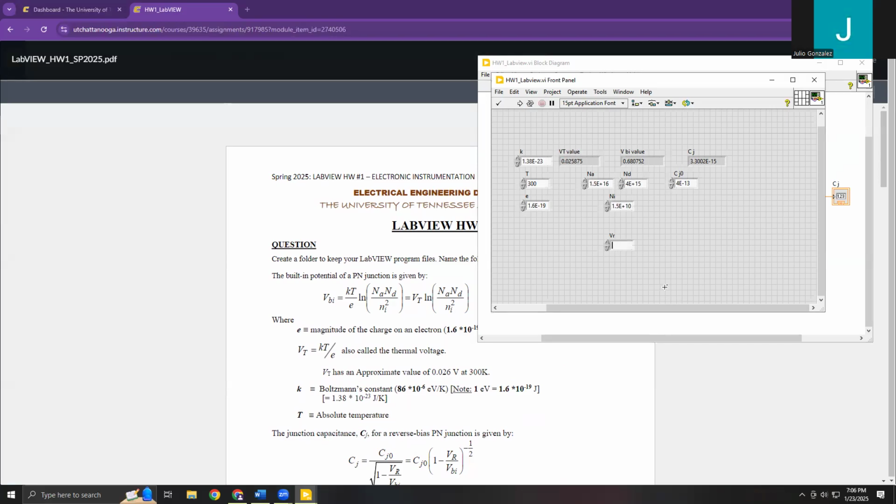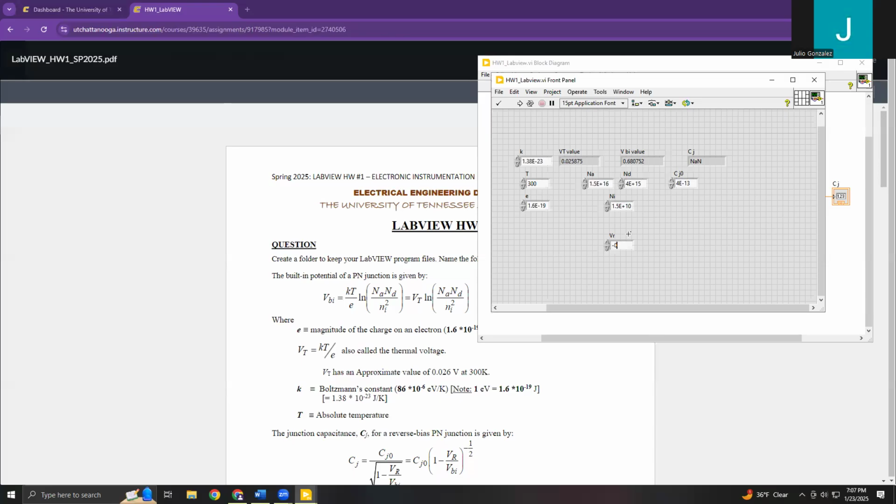We can go to -1, which also gives us the value, but if we go up to 1, a positive number, it does not compute. Any positive number should not give you anything.